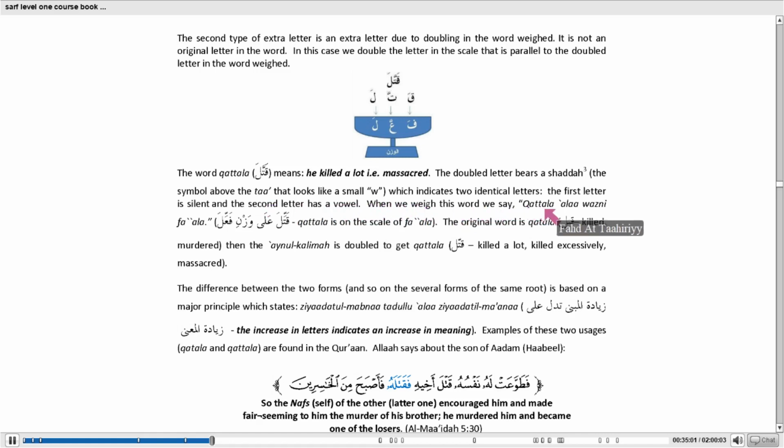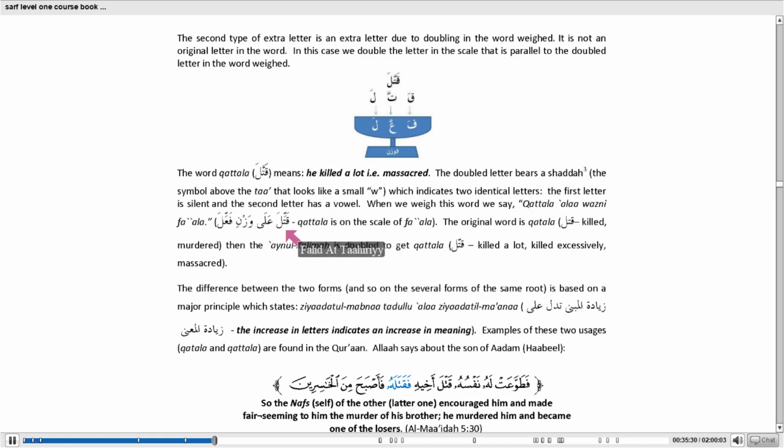When we weigh this word, we say قتّل على وزن فعّل. How many letters are those? Those are 4, not 3. So you're going to do the same in the scale, فعّل.